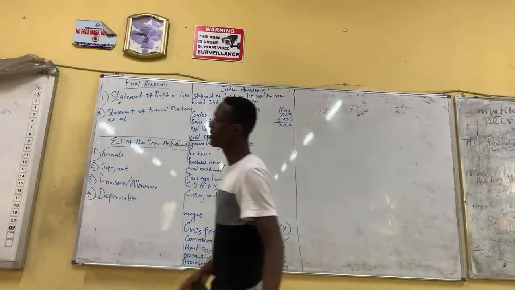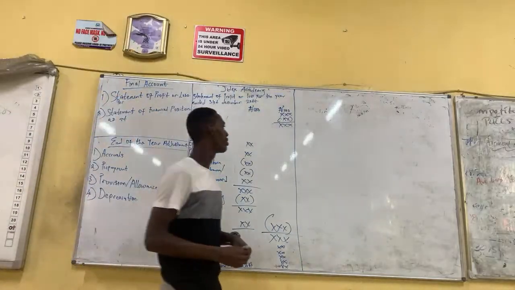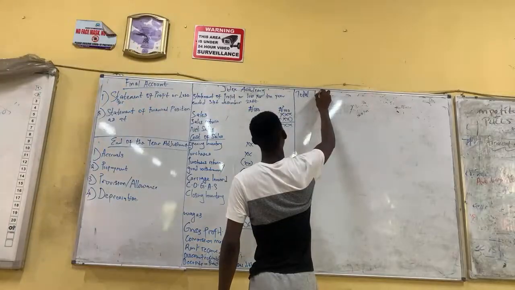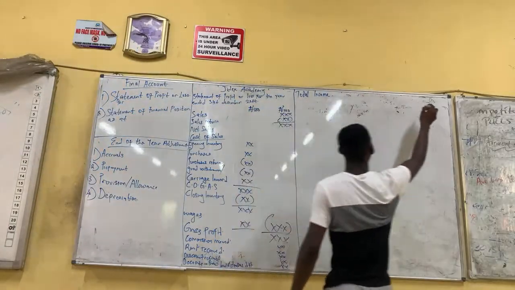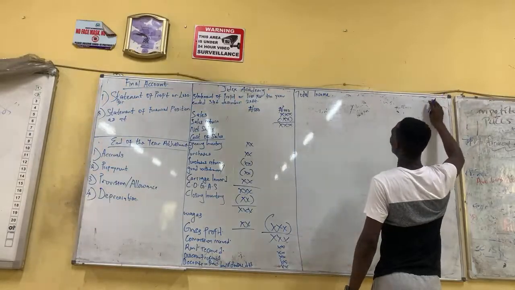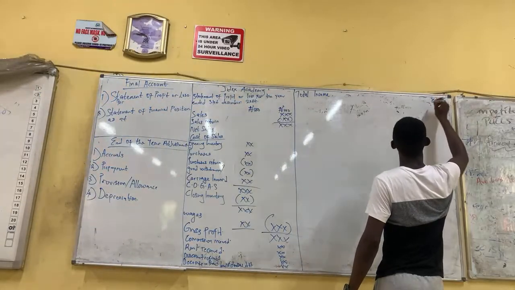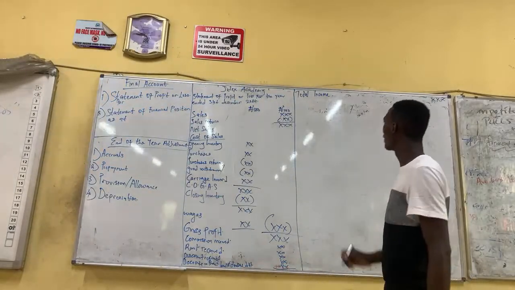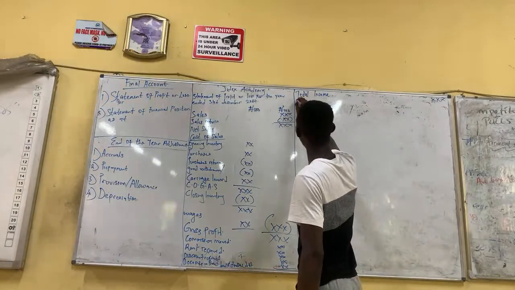Now, so when you sum up this, to give you your total income, then you can now start deducting your expenses.